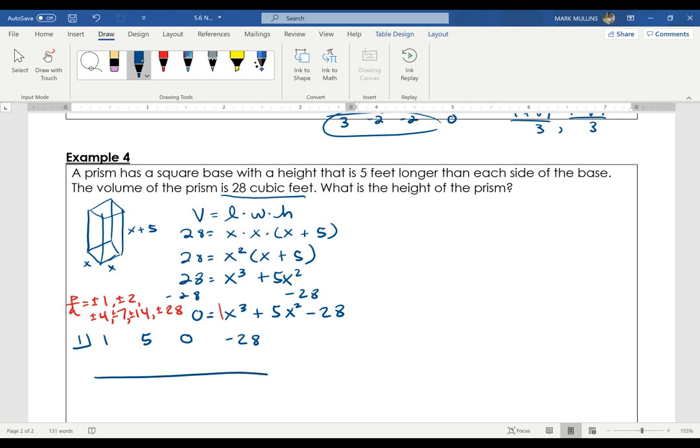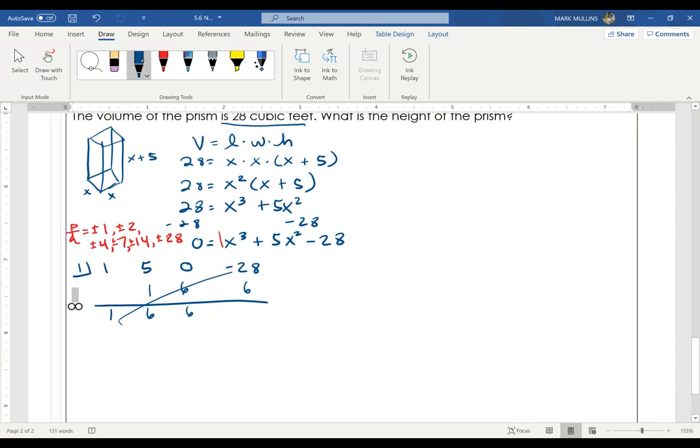Now I've got to go through and check this. Definitely not a winner. So let's try negative 1. And remember, we have that placeholder 0 in. I think I need to write smaller so I can fit more of these in.